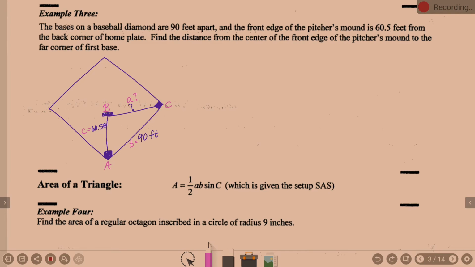But in our scenario here, we don't know that that's 90 degrees. In fact, it's not. If it was 90 degrees, this would have been back in chapter 4 when we were doing SOHCAHTOA.